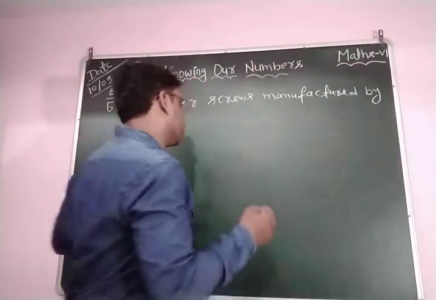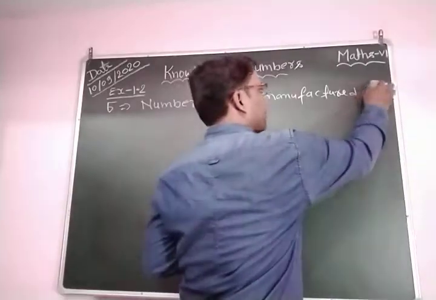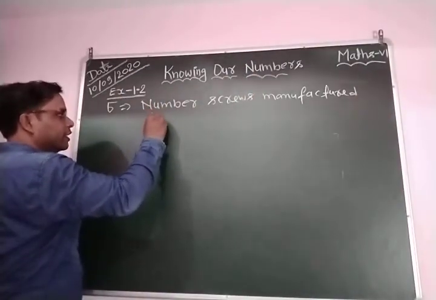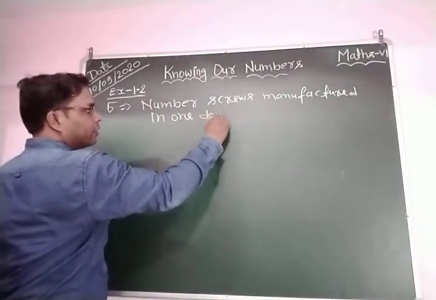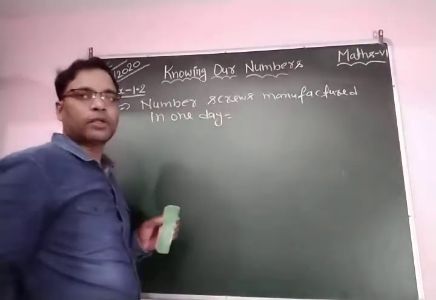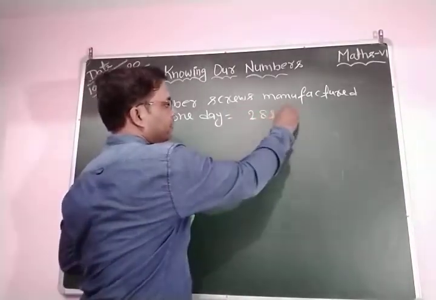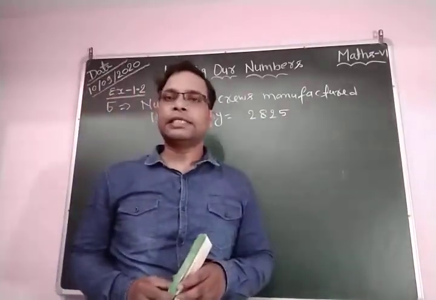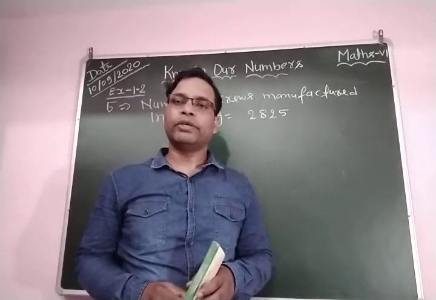Okay, so the number of screws manufactured in one day is equal to how many screws manufactured in one day. This is given in the question. One day, this is equal to 2825. This is given.